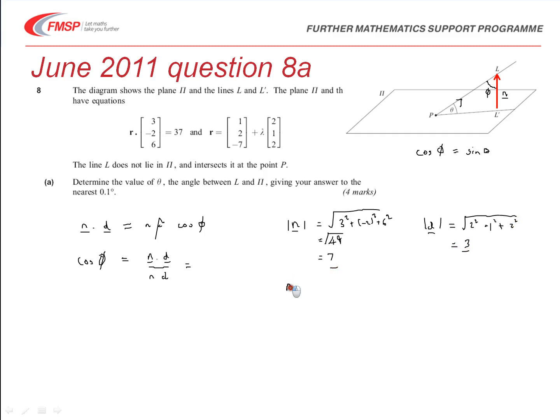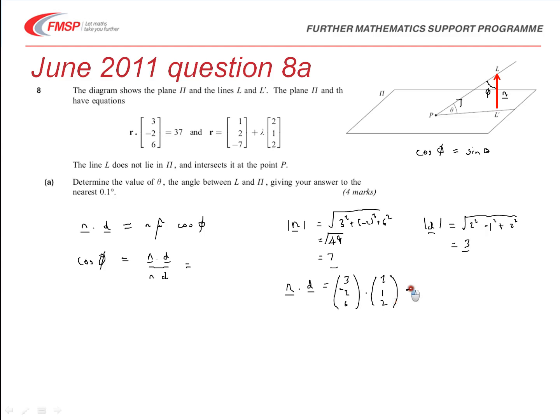Similarly, we now need to work out n dotted with d. So that's the scalar product of 3, negative 2, 6 with 2, 1, 2.